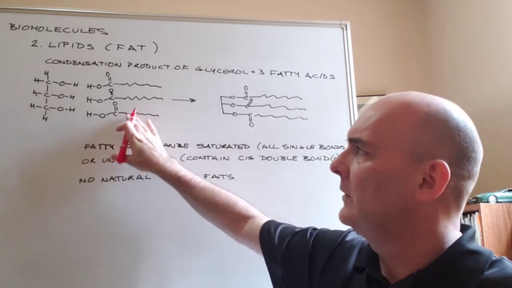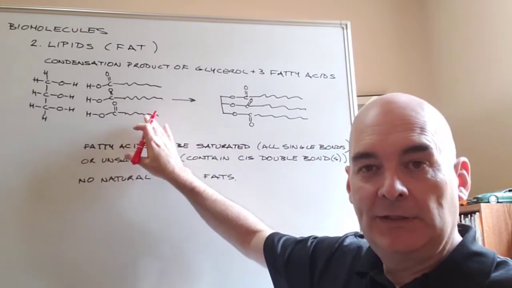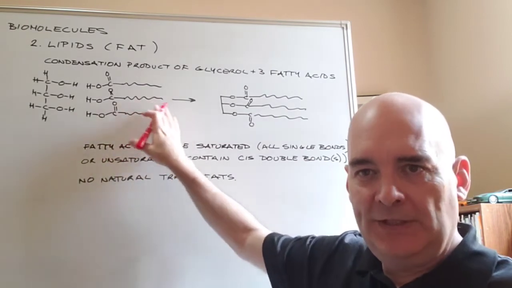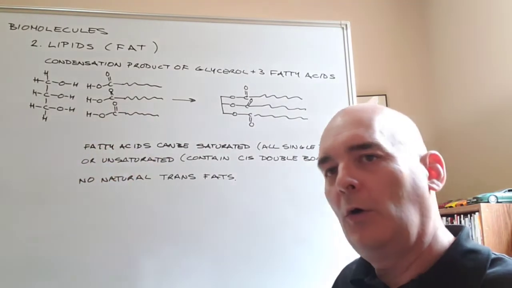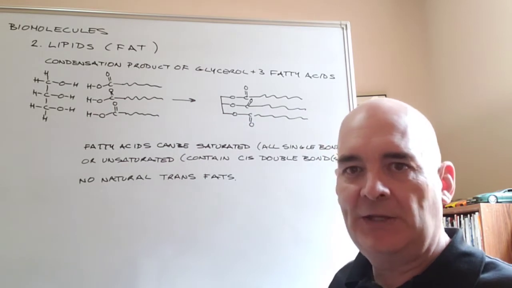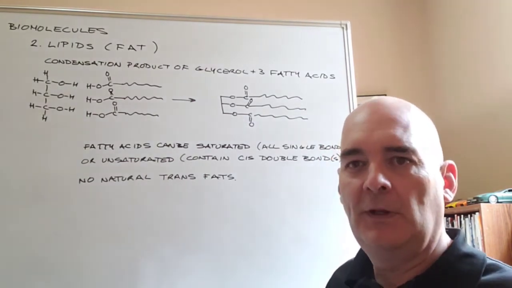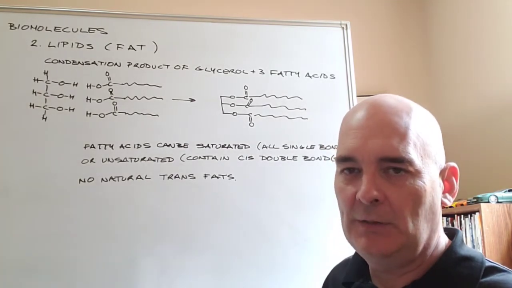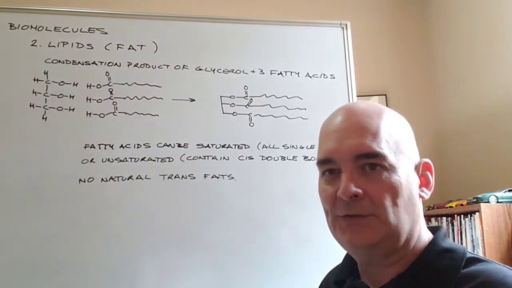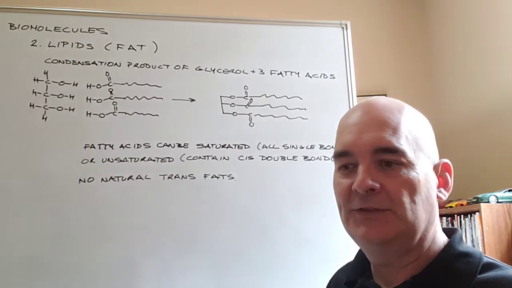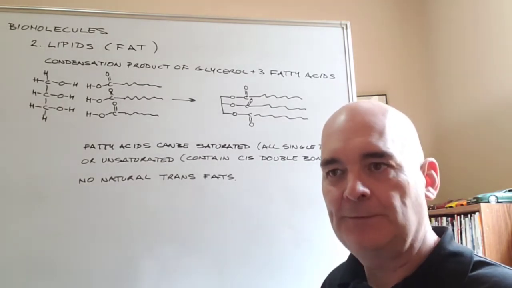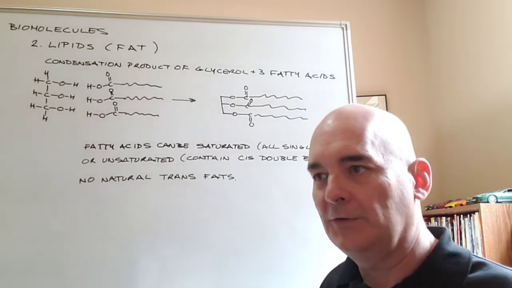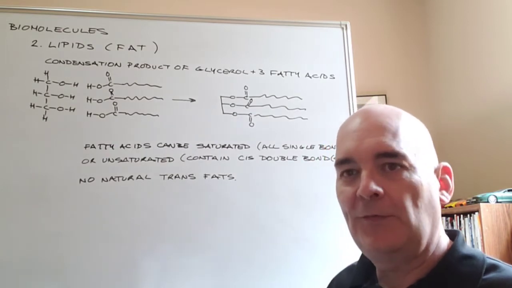Fatty acids can be long chains that are saturated, containing only single bonds, completely surrounded with hydrogen. Or they could be unsaturated. You've probably heard that animal fat is saturated fat, containing only single bonds. Vegetable fat or vegetable oil contains unsaturated fat, which contains double bonds. Again, nature does something for us.